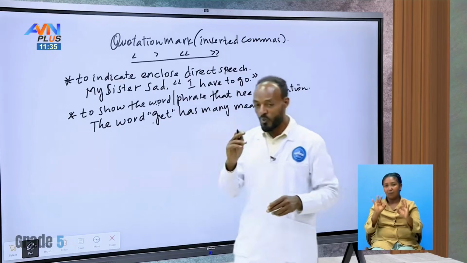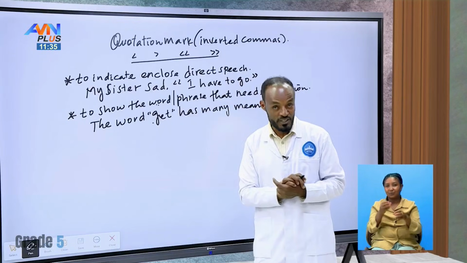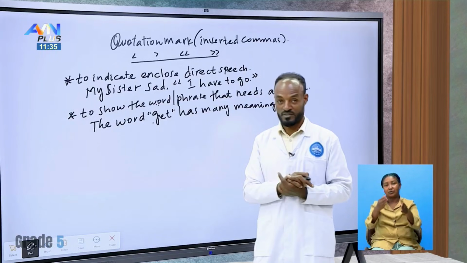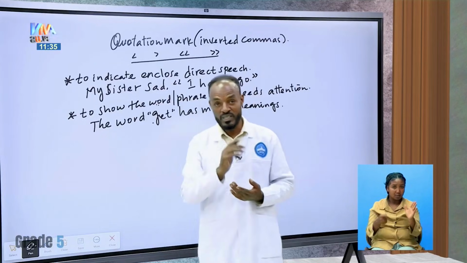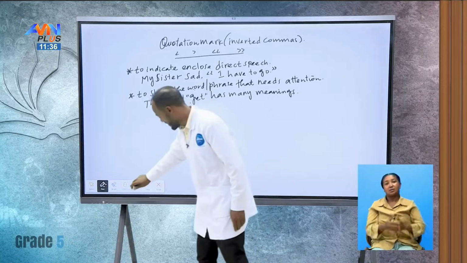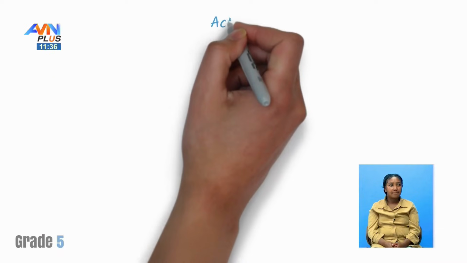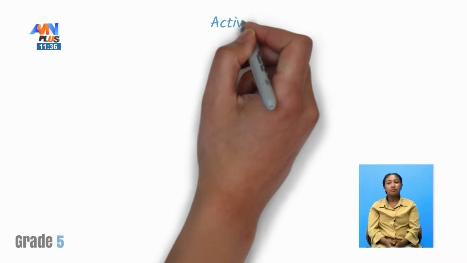Bravo. Now I want to give you an activity which should be done within 1 or 1.5 minutes. Is it clear? Are you ready? Nice. Come on here. Write your activity. Activity 2.